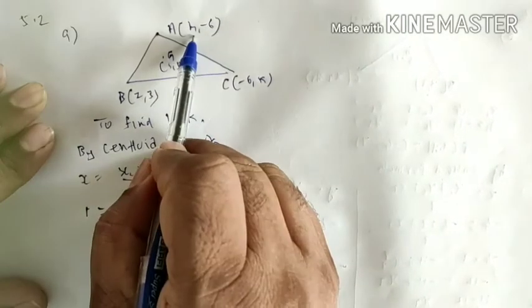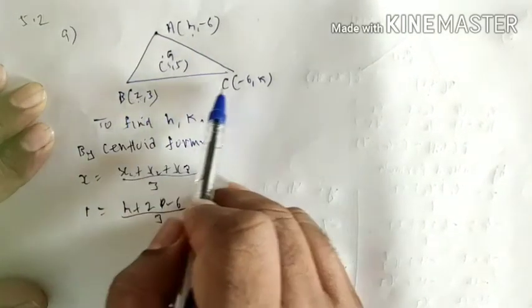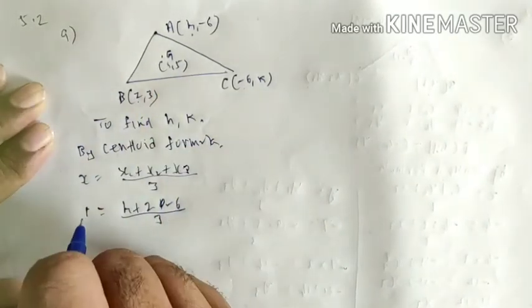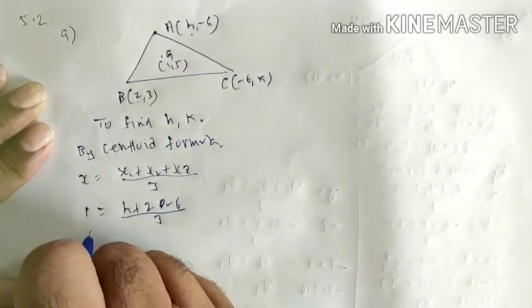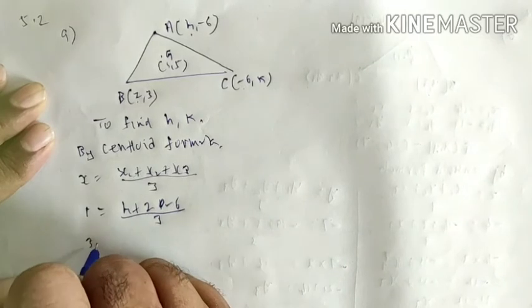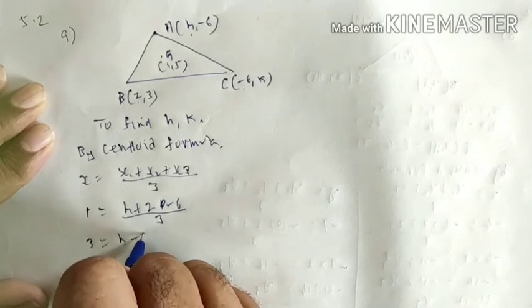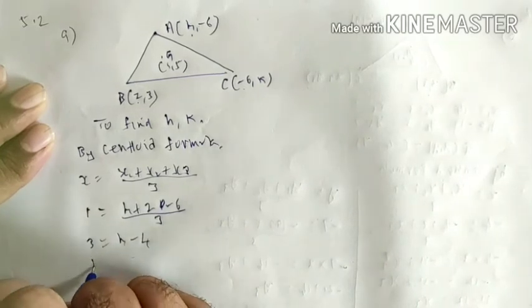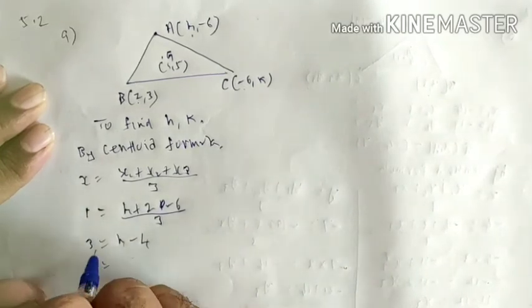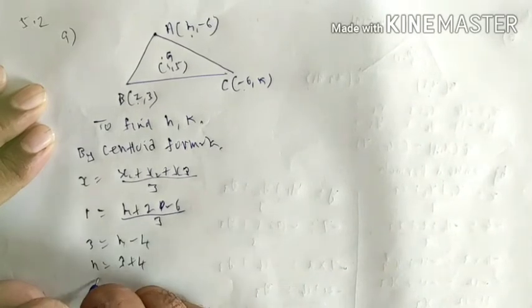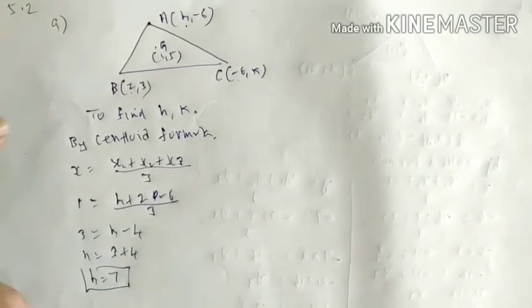See, x1 is h, x2 is 2 and x3 is -6. So (h plus 2 minus 6) upon 3 is equal to 1. 3 को लेफ्ट में लाए तो क्या हो जाएगा? It will become 3 is equal to h plus 2 minus 6, that is -4, or we get h is equal to 3 plus 4, or we get h is equal to 7.